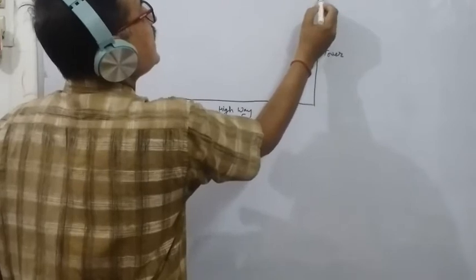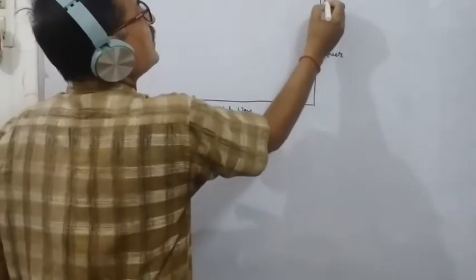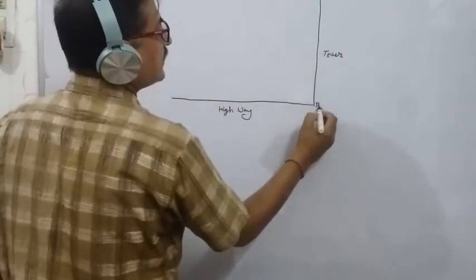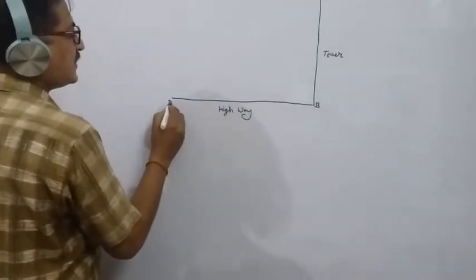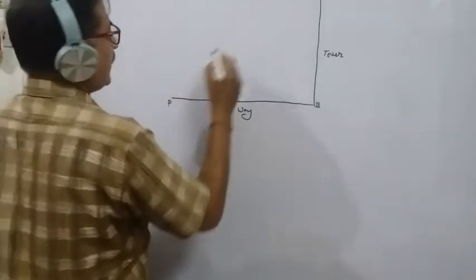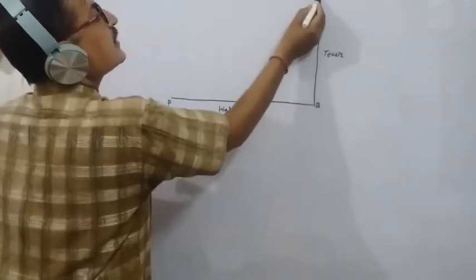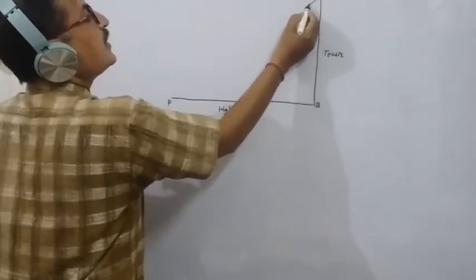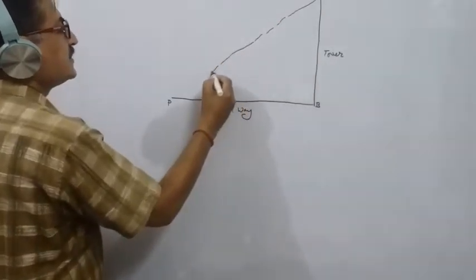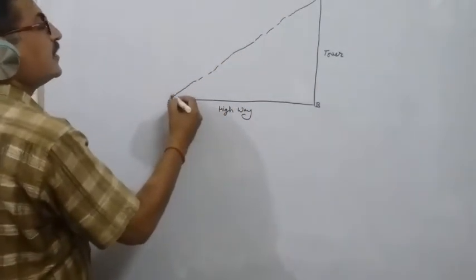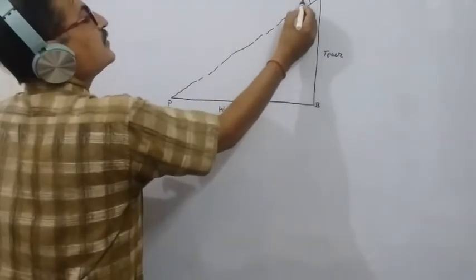Here the person is standing. Suppose the tower is AB. At point A, the person is standing. At point P the car is there. He sees the car at an angle of depression of 30 degree, which means this angle is 30 degree.